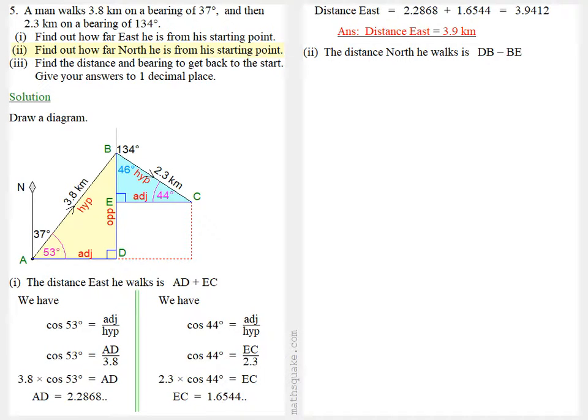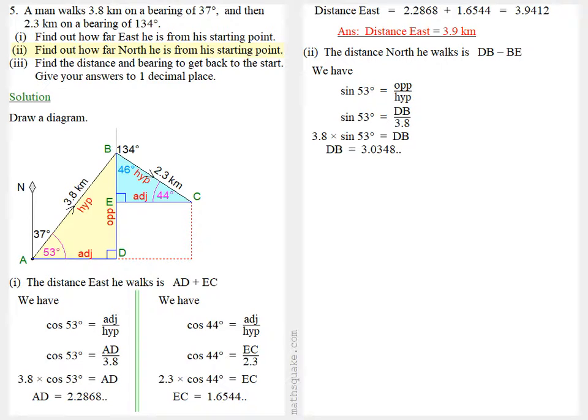We already know the hypotenuse, and so we're using sine of the angle is opposite over hypotenuse, which means the sine of 53 degrees is equal to DB over 3.8, or 3.8 times the sine of 53 equals DB. And if we type that into the calculator, we get DB equals 3.0348.